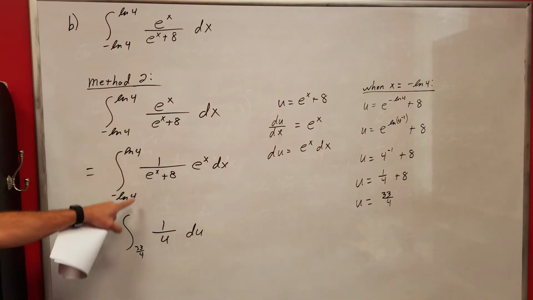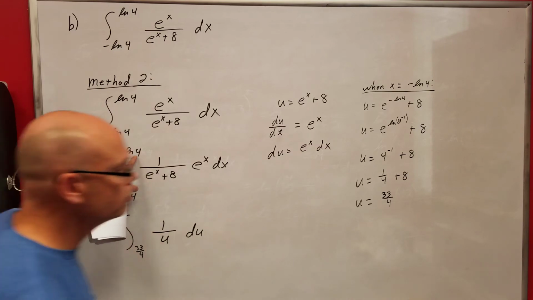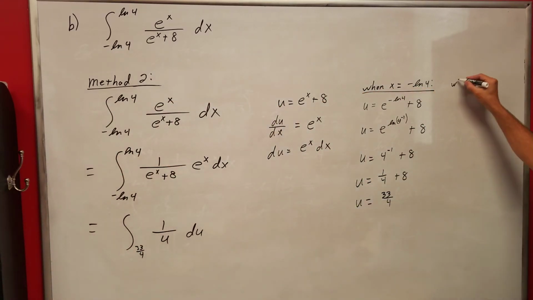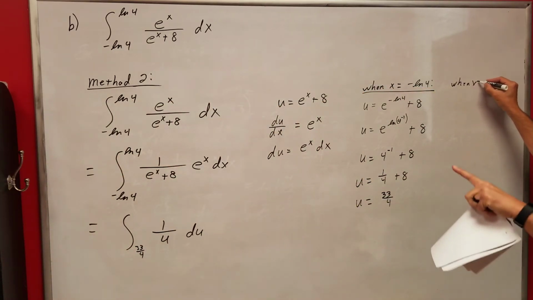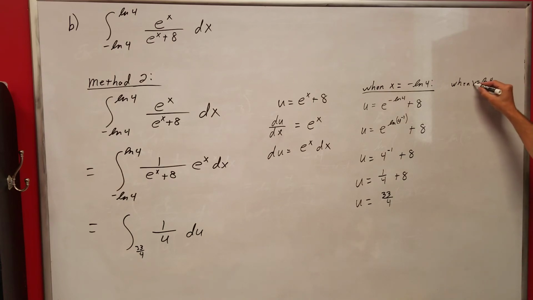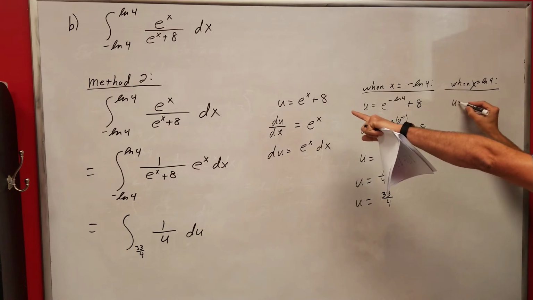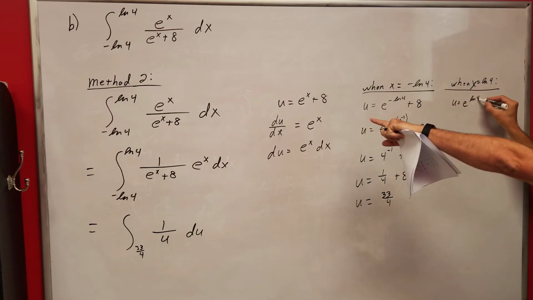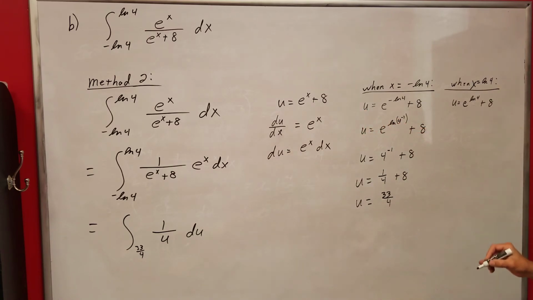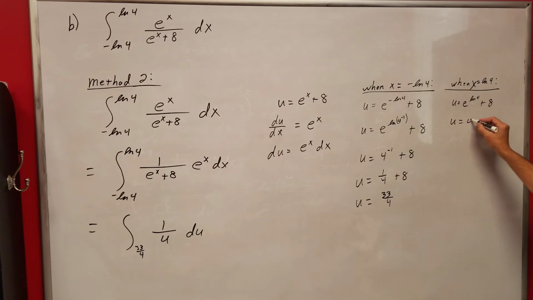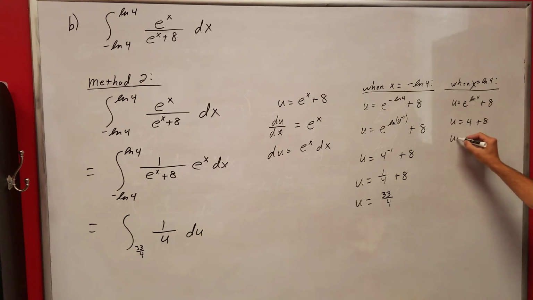What's my new upper limit of integration going to be here? Let's see. When x is equal to the natural log of 4, what is u going to be? U is equal to e to the natural log of 4 plus 8. Or u is equal to 4 plus 8, or u is equal to 12, right?